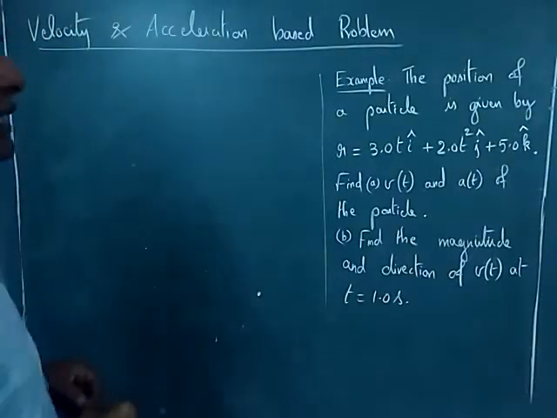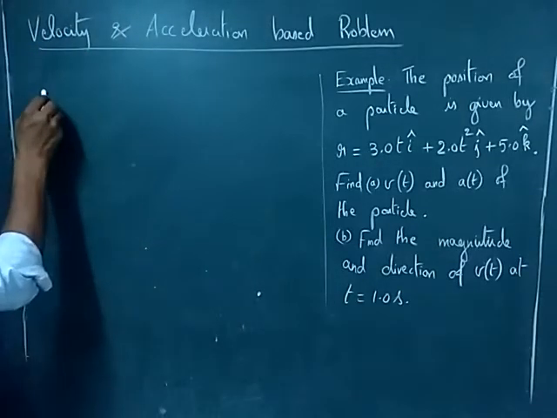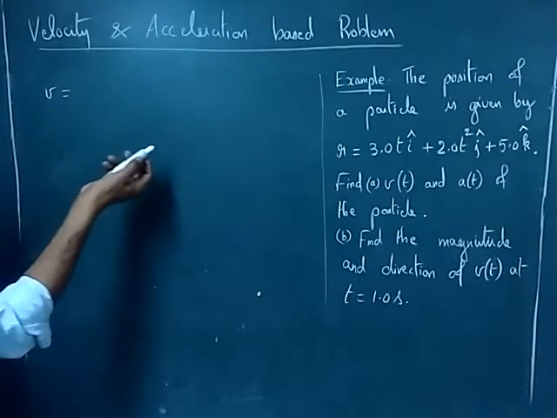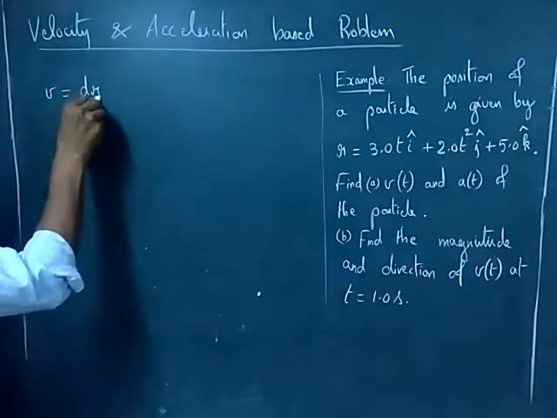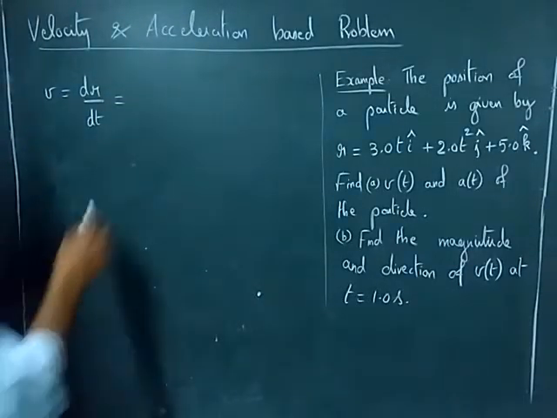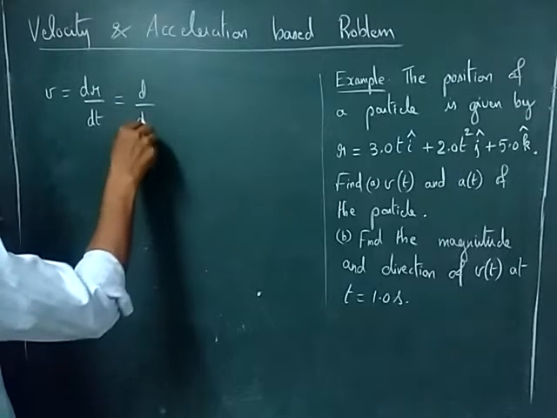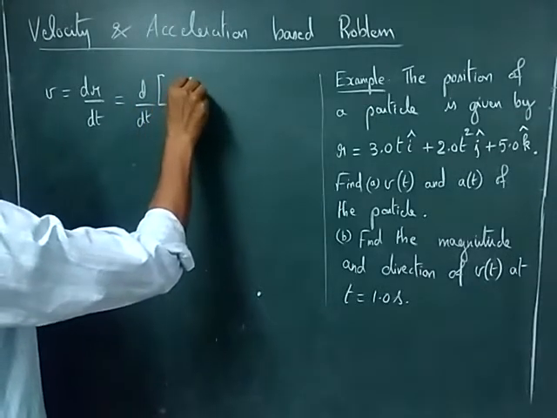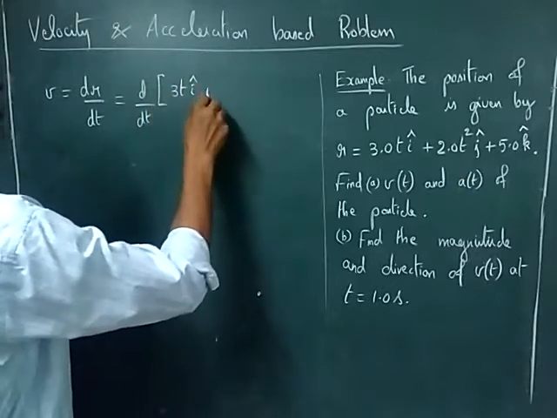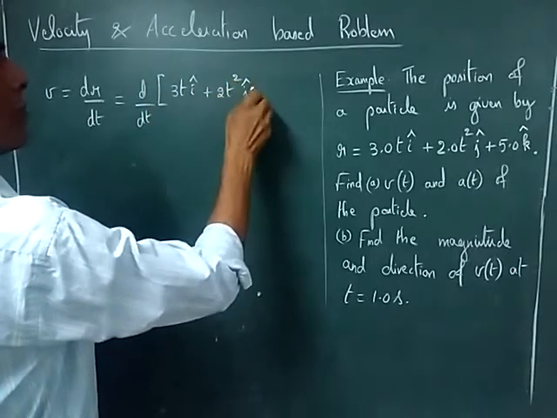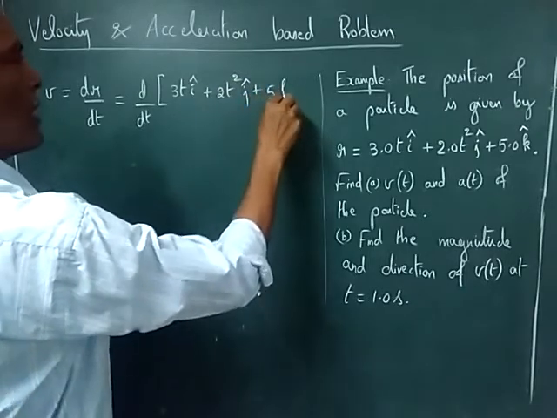So we know that velocity is equal to ds by dt, in this case dr by dt. So d by dt of r is 3t i cap plus 2t square j cap plus 5 k cap.